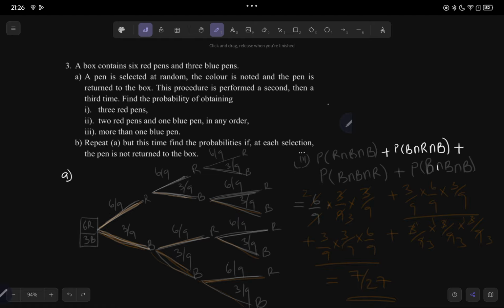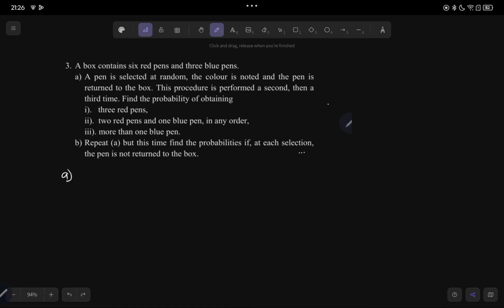This one would be very interesting, picking without replacement.